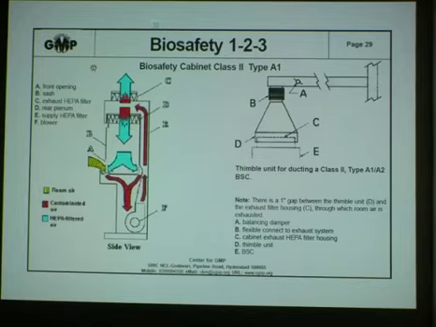It is approximately 1 inch away from the exhaust HEPA filter. That is, the gap between the exhaust HEPA filter and the thimble unit is approximately 1 inch. So that room air is sucked in along with whatever is coming out of the biosafety cabinet, and the two of them are mixed and taken to the exhaust duct.